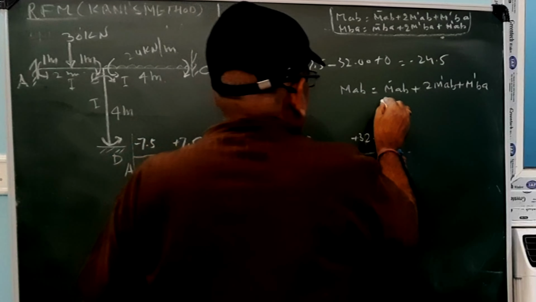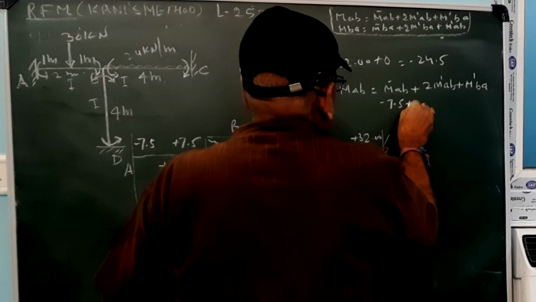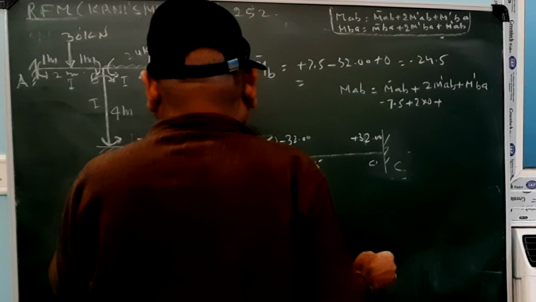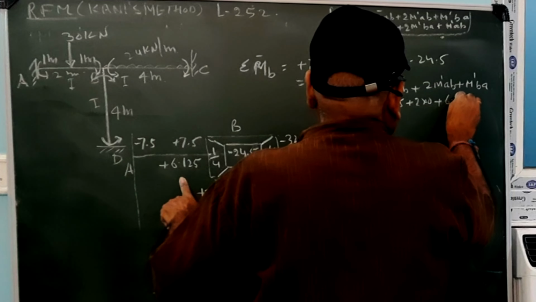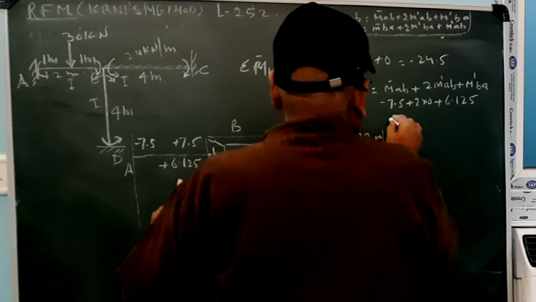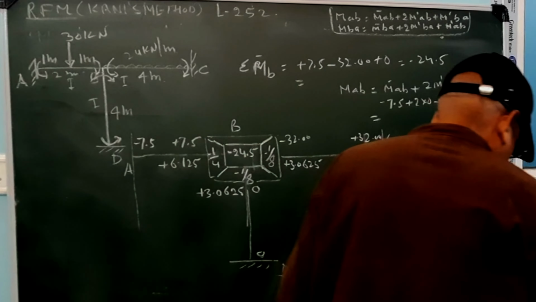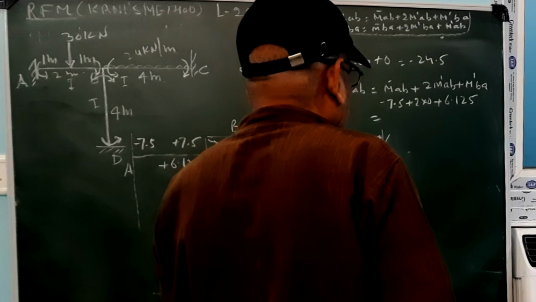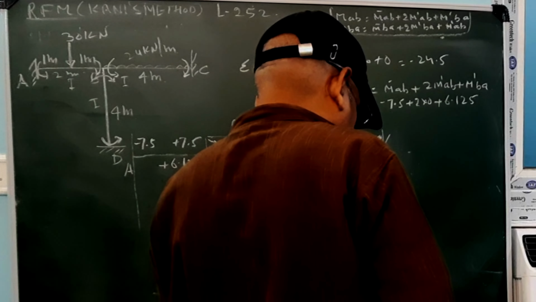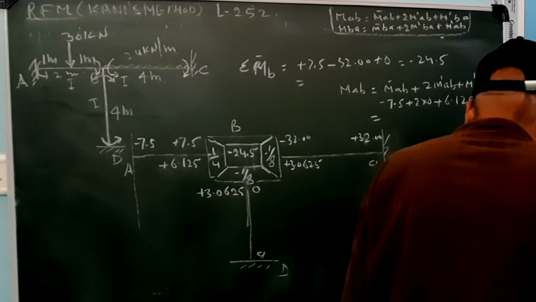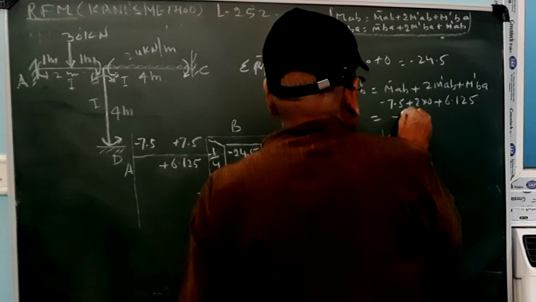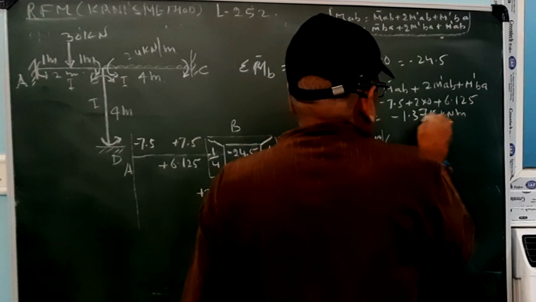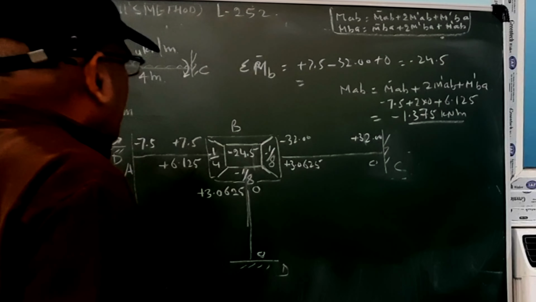M bar is minus 7.5 plus 2 times 0 plus this is coming 6.125. So this is minus 7.5 plus 6.125, which is minus 1.375 kilonewton meter. This is for this MAB.